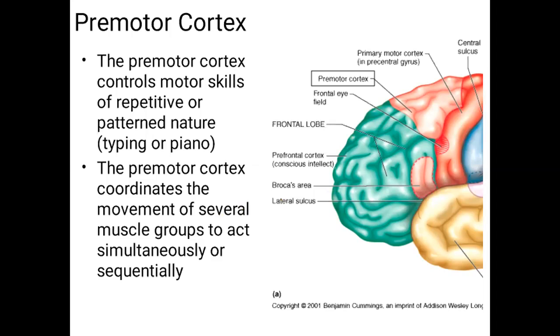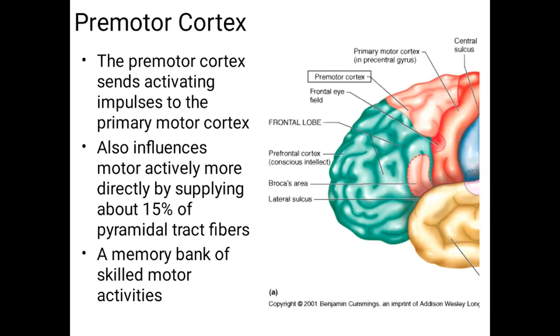This area controls motor skill of a repetitive or patterned nature, for example playing a piano or typing on a keyboard. It also coordinates the movement of several groups of muscles to act simultaneously, and influences the motor activity more directly by supplying 15% of pyramidal tract fibers.